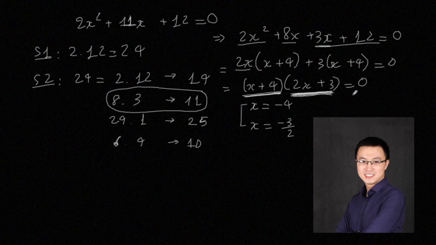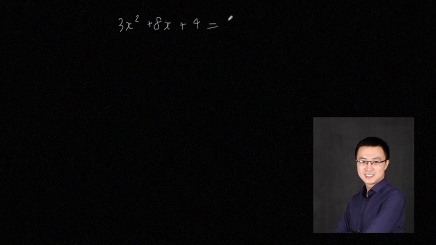Okay, I hope you can understand this technique because we can repeat it in another one. 3x squared plus 8x plus 4 equal to 0. So, step 1, identify a times c, 3 times 4 equals 12. And then you separate 12 into something and something.